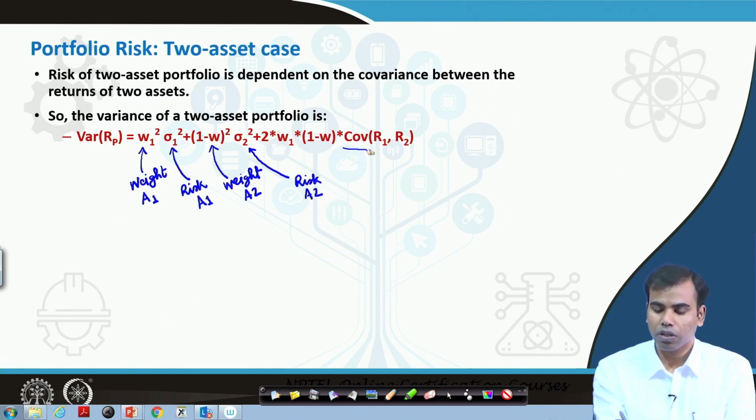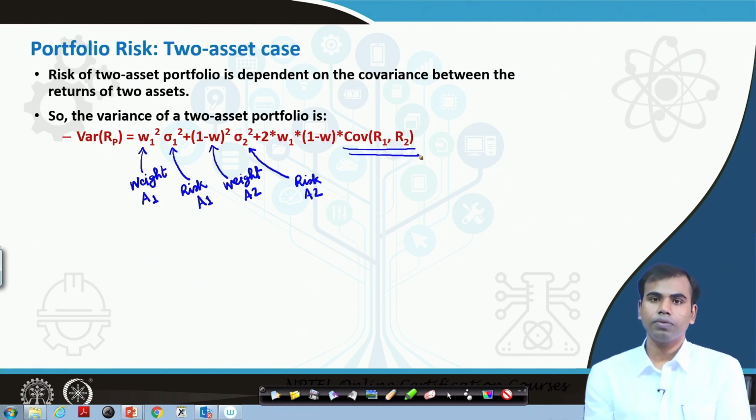What is more important is the covariance of returns on the two assets. What it implies is when we have two different assets in our portfolio, let us say stock and bond, we need to understand how these two assets are correlated.